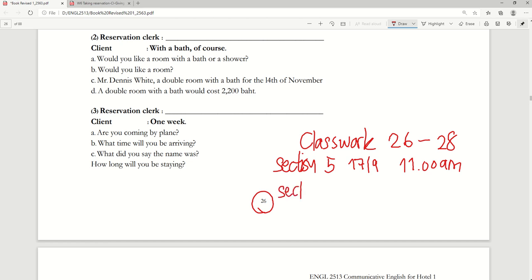Section 4, you have to finish it 17th September by 3 p.m.